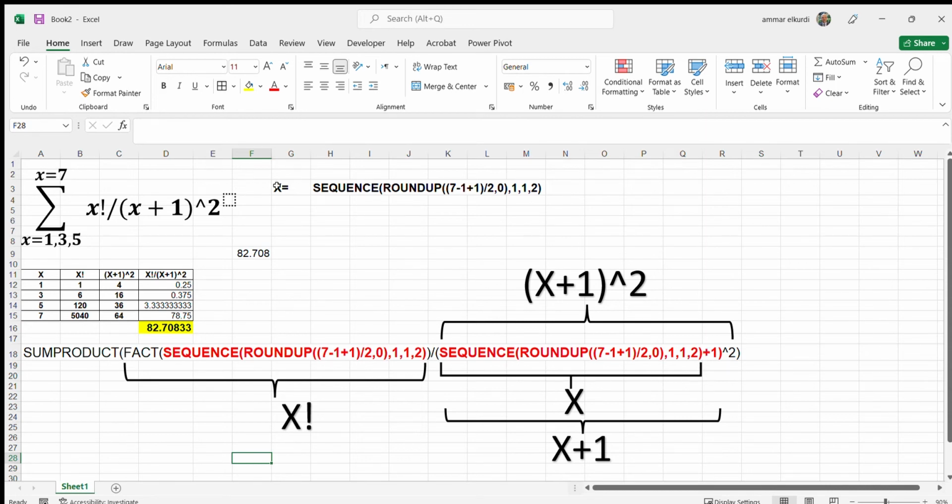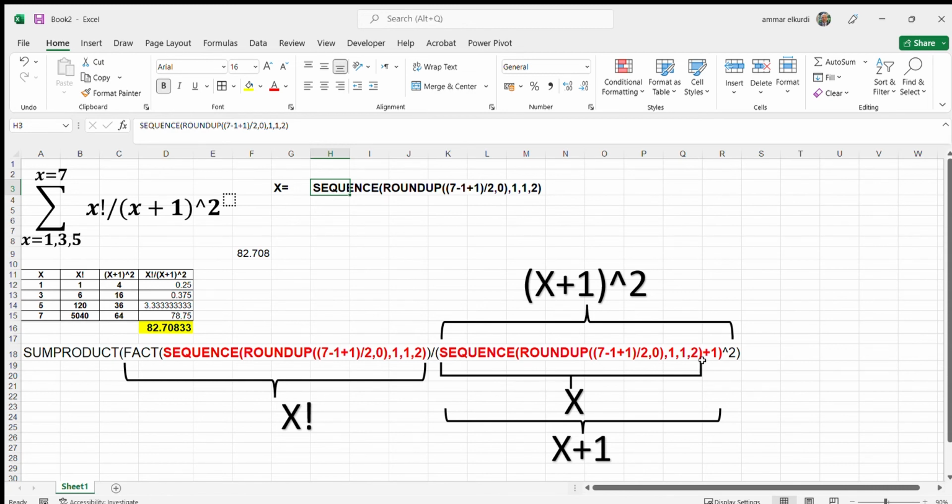As we agreed that each x should be substituted by SEQUENCE ROUNDUP upper limit minus start plus 1 over step, comma 0, then close the parentheses, comma 1 comma start comma step. This is the formula for the x.